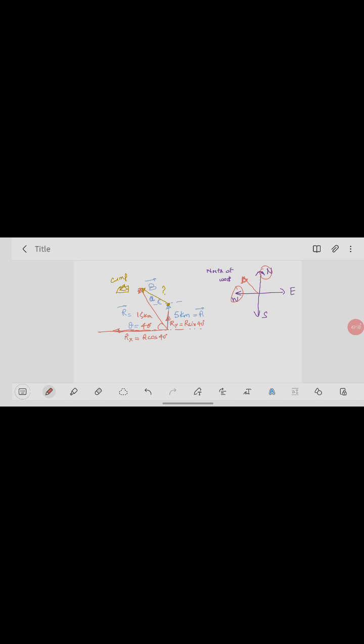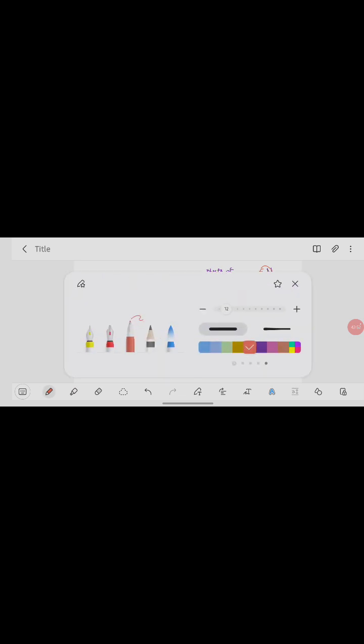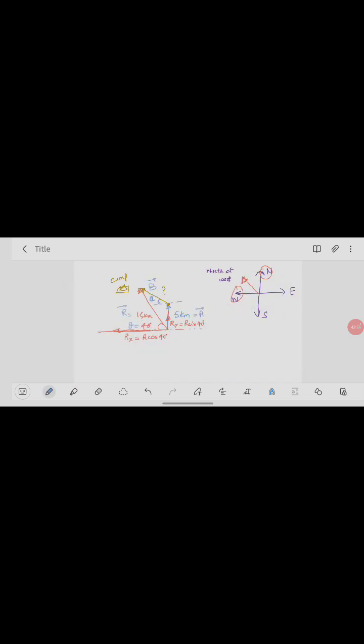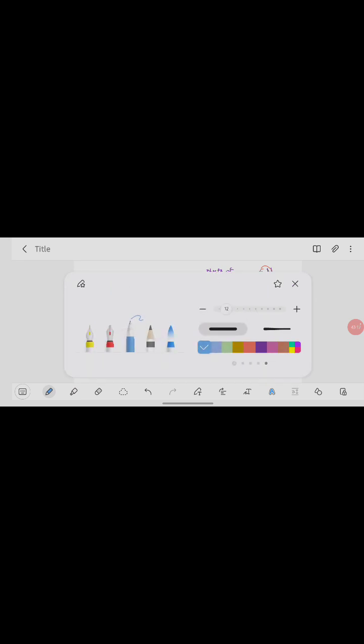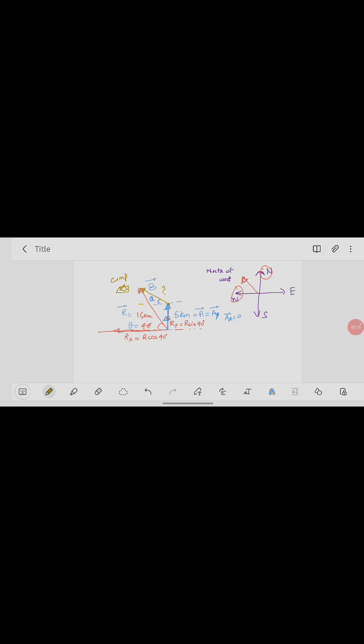Very clear? Now for the A vector, there is no x component because it is straight forward, yes or no? So it only has a vertical component, which is actually Ay. There is no x, so Ax is 0 in this situation, yes or no? Only Ay. Now let's see the B vector. B vector has two components because it is at an angle theta, or sorry, angle A. You can resolve the component like this.